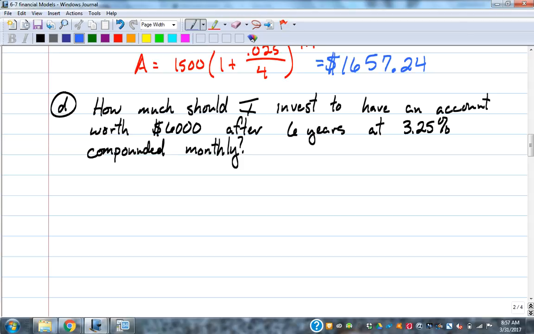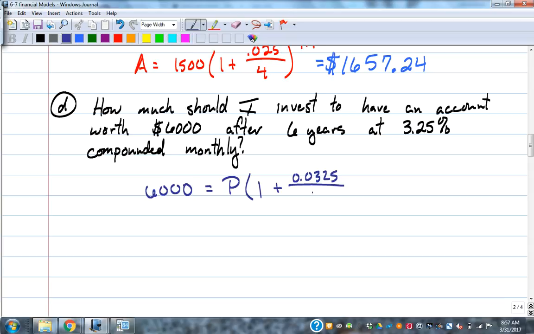Okay, so I'm taking this formula and I'm saying, okay, A is $6,000. I don't know how much I'm investing, but I do know I've got an account that I can put some money into that draws 3.25%. So 0.0325, and it's compounding monthly.